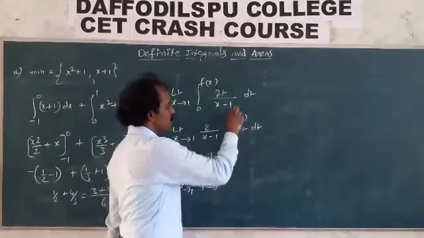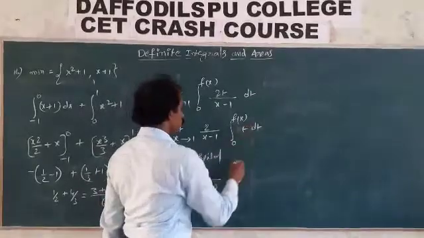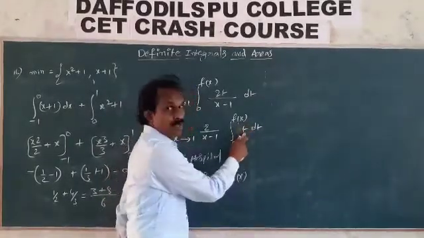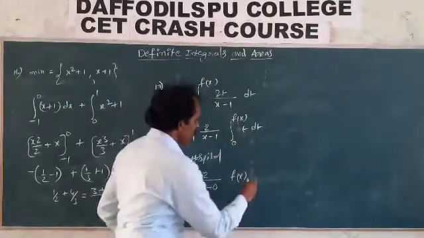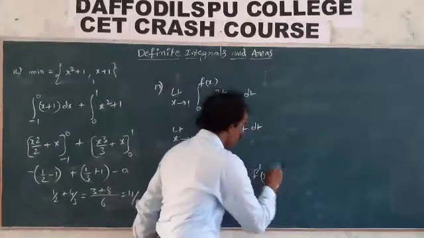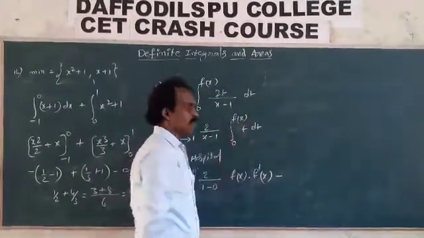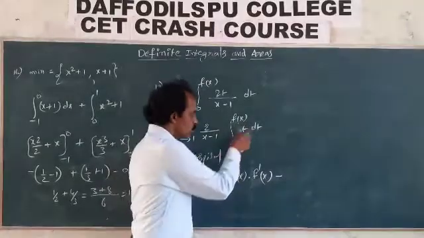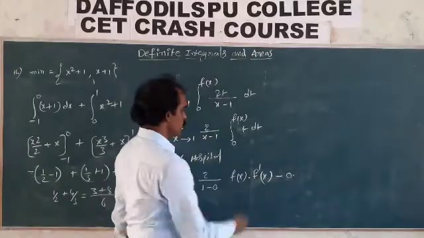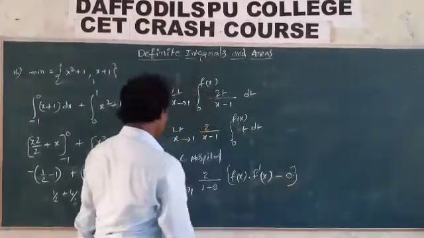By Leibniz rule, the derivative is f of x, the upper limit substituted, into the derivative of the upper limit, minus the lower limit: in place of the variable, 0 into the derivative of 0; the derivative of a constant is 0. So that is how you apply the Leibniz rule.